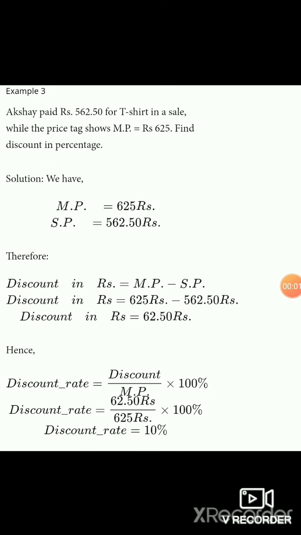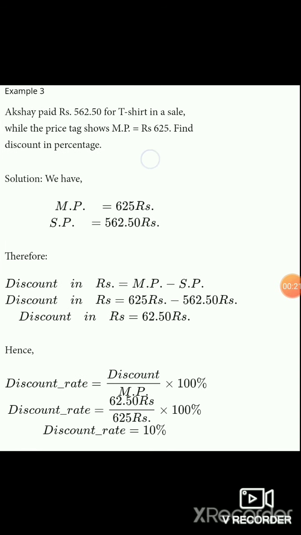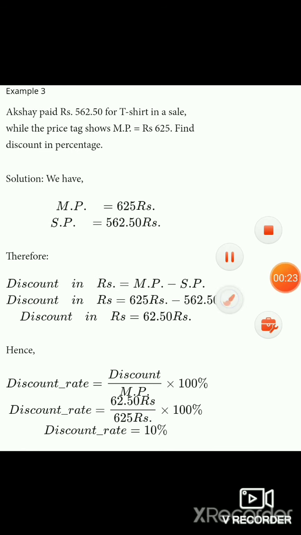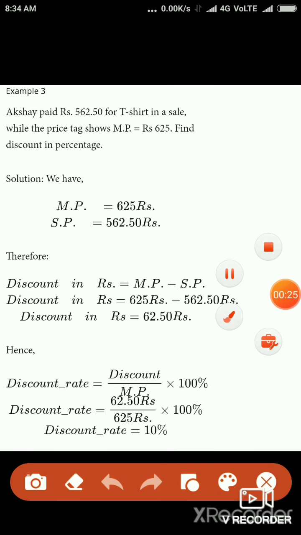Yes students, one more example regarding MP and SP. Here Akshay paid rupees 562.50 for a t-shirt in a sale, while the price tag, meaning MP, on the article shows rupees 625.